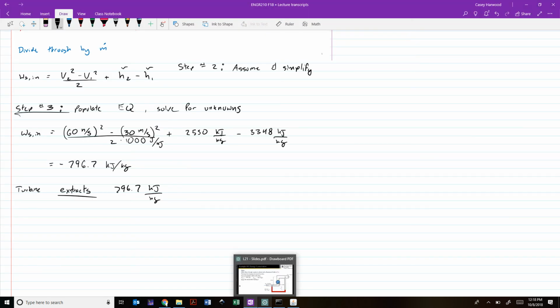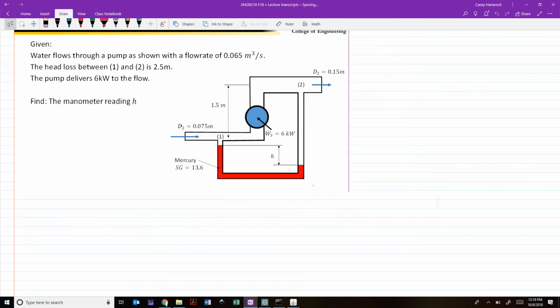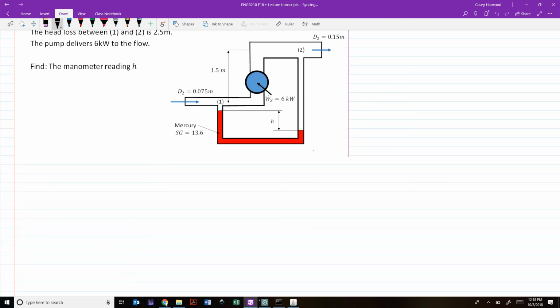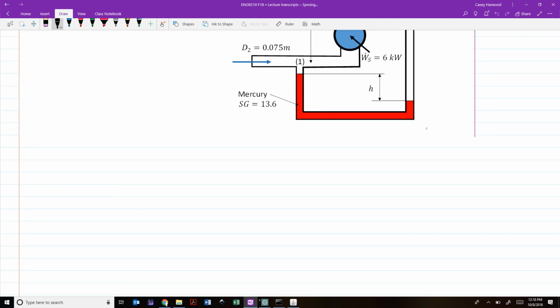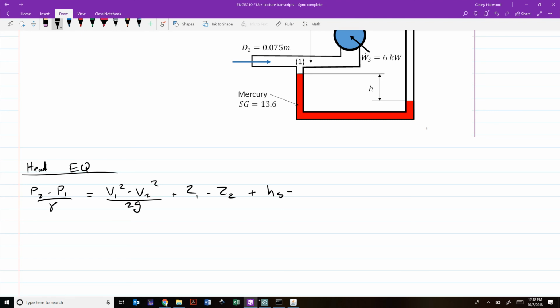So if we start from the head equation and reorganize it a little bit, I'm going to go ahead and save us some time and say: P2 minus P1 over gamma is equal to V1 squared minus V2 squared over 2G plus Z1 minus Z2 plus HS minus HL.